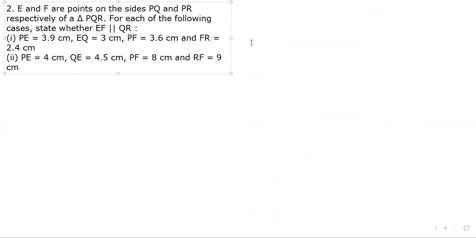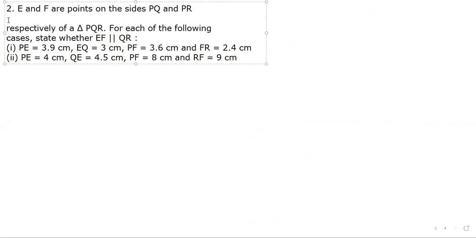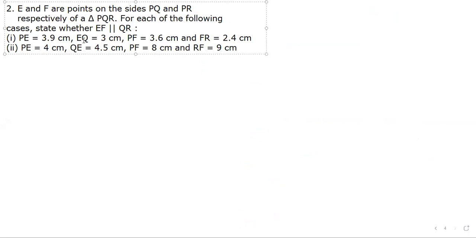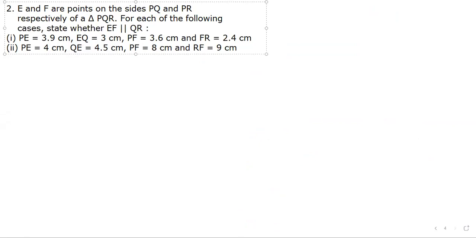E and F are the points on the sides PQ and PR respectively of a triangle PQR. For each of the following cases, state whether EF is parallel to QR. When will the lines be parallel?